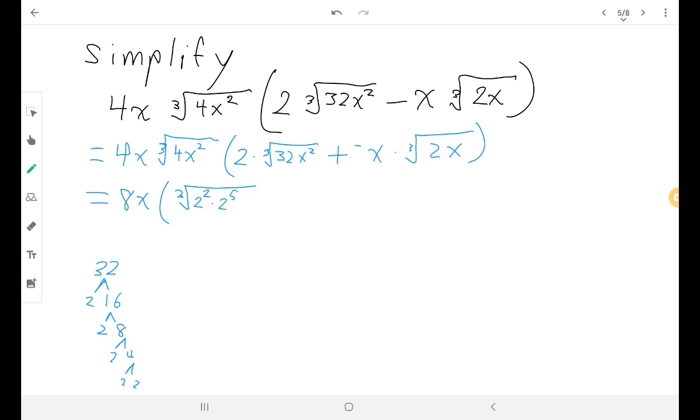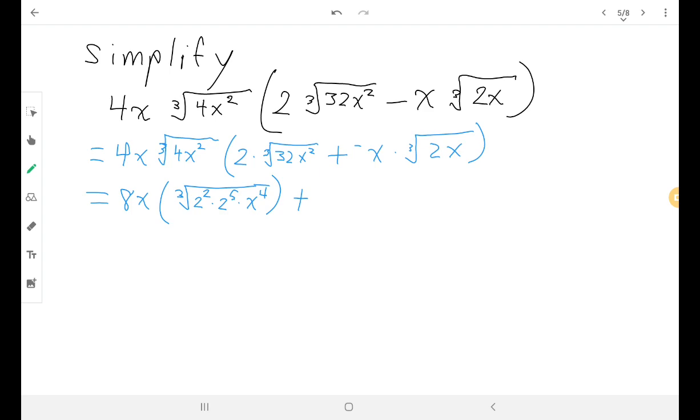And I'll start exploring how many versions of 2 to the 3rd I can take out of that. And then x squared times x squared winds up being x to the 4th, and I'll have to explore how many x to the 3rds I can take out of that as well. Let me get rid of that breakdown just so I have some room here.